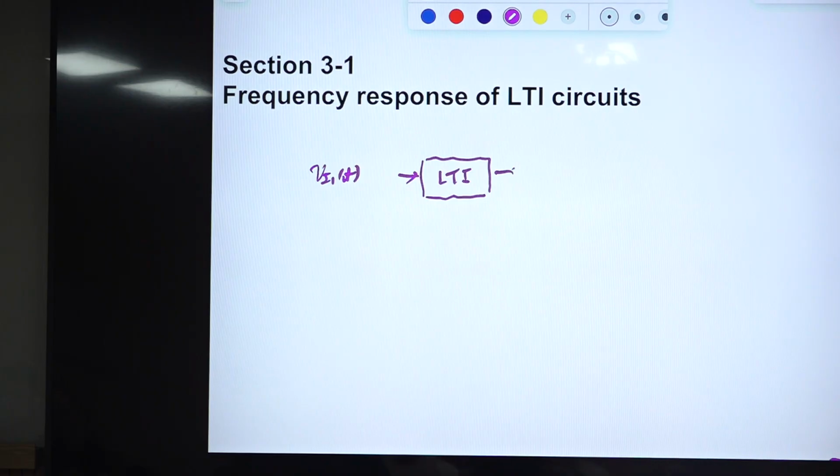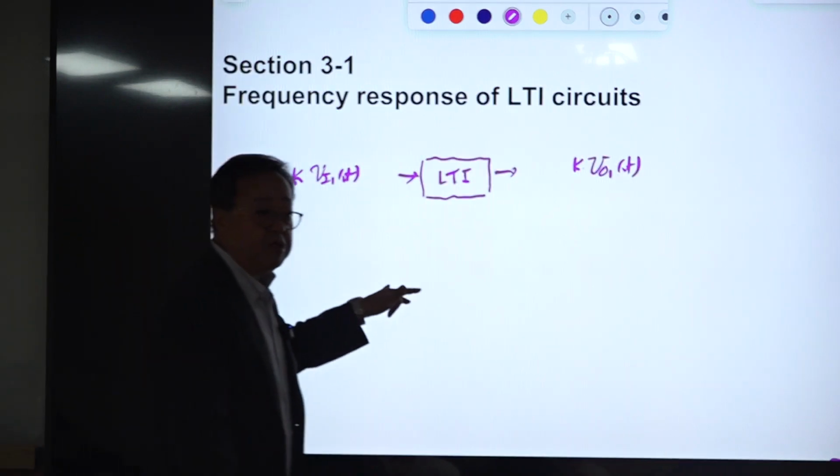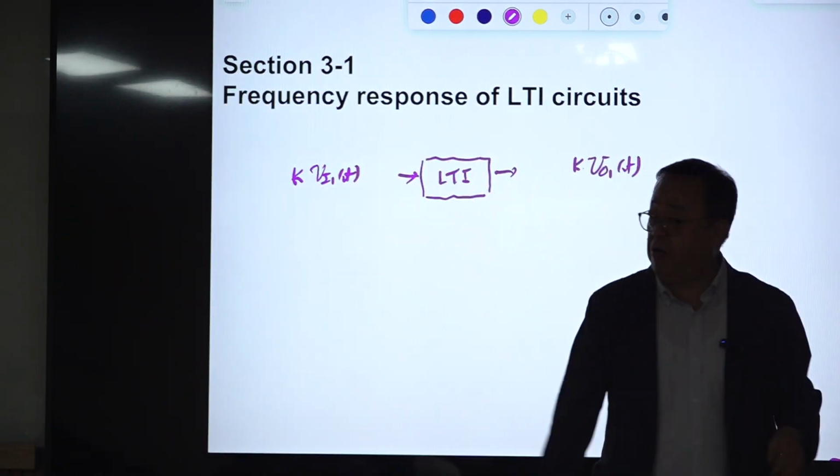Then you will get vo1(t), right? If we multiply k here, then output will be multiplied by same k. Okay, this is called proportionality, characteristic of linear time invariant system.